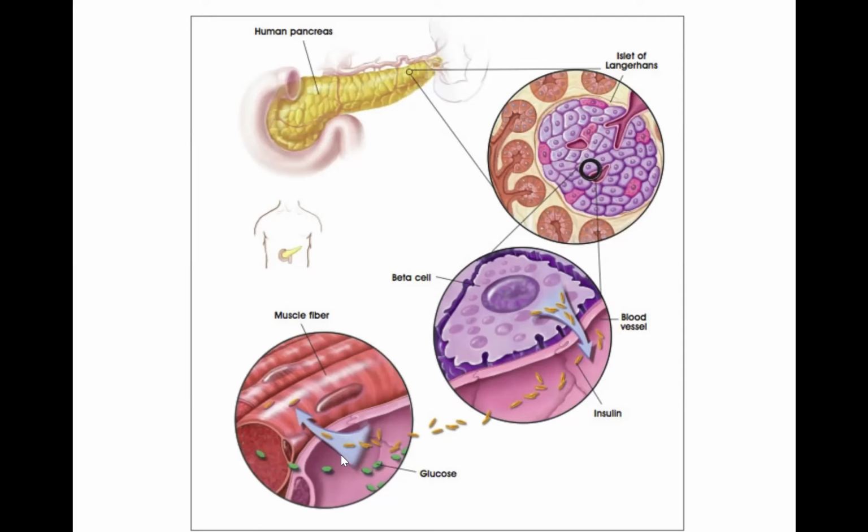Only the cells that have insulin receptors are going to be able to interact with it. If a cell does not have an insulin receptor, it just doesn't even know that the insulin is there. It can't see it. So if you have an insulin receptor, it'll bind to the cell, and that will allow your cell to take in glucose.